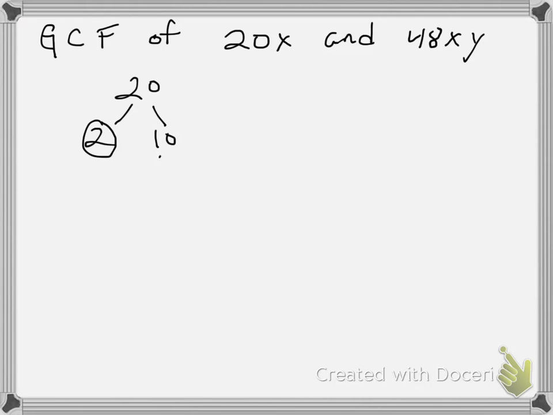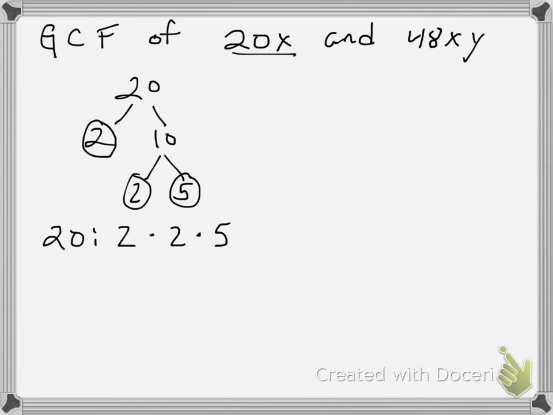Now let's see, I could break 10 into 2 and 5, and those are both prime numbers. So for 20, the prime factorization is 2 times 2 times 5. But remember, this is 20x, so I'm also multiplying by x.